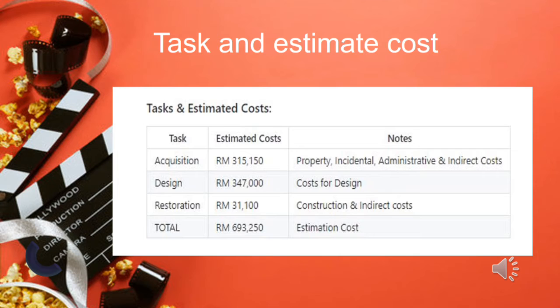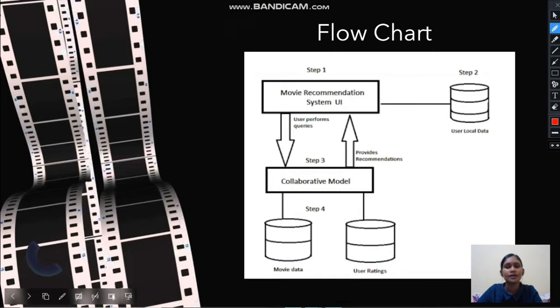And the third one is restoration. Restoration's estimated cost was RM 31,100. It is used for construction and indirect costs. So the total estimated cost was RM 600,093.250.